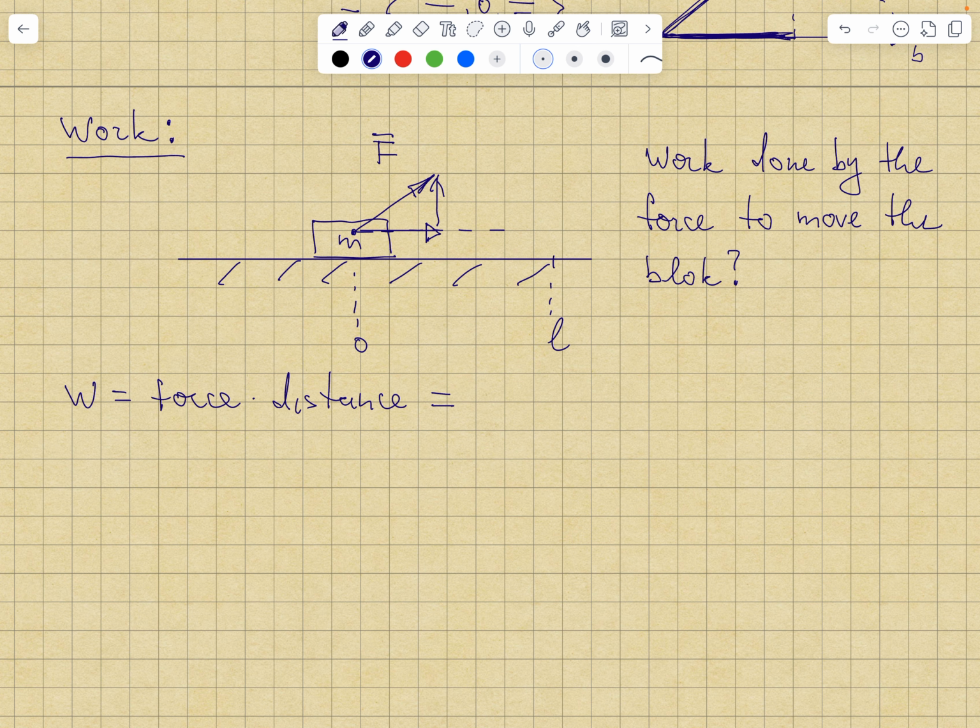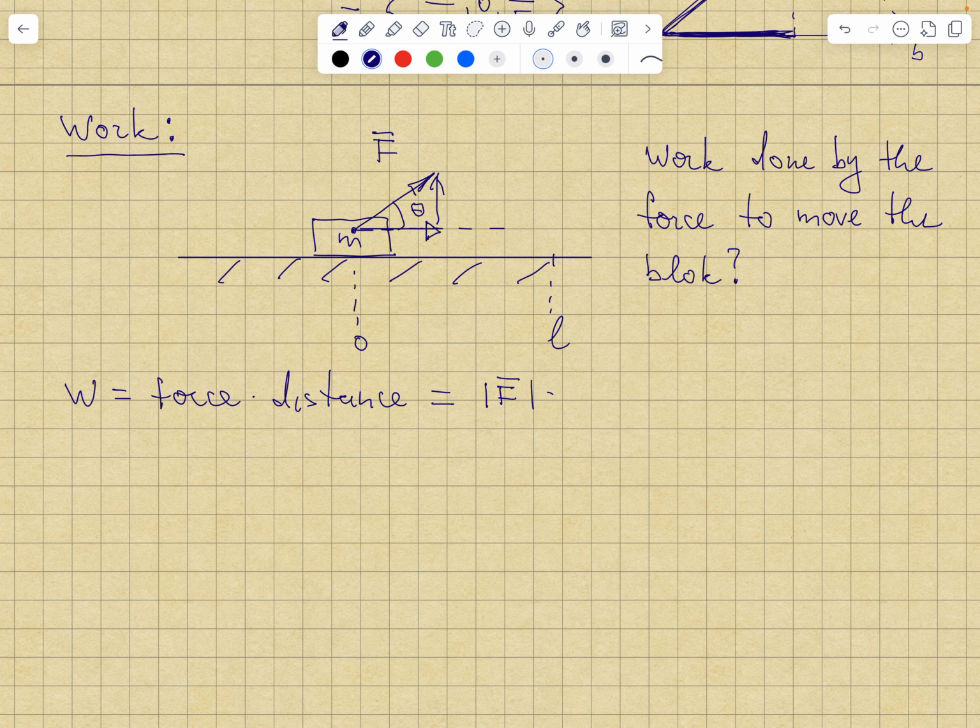So what is the magnitude of the force in the direction of motion? If this angle is theta, then again, trigonometry says that to find the horizontal component, I need to take a magnitude of F and multiply it by cosine of the angle with the horizontal. So this would be my force, and the distance is L.